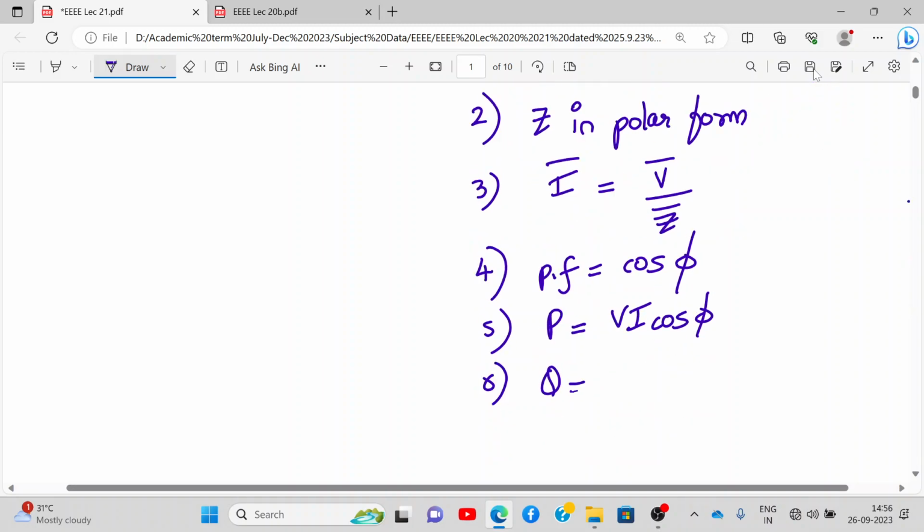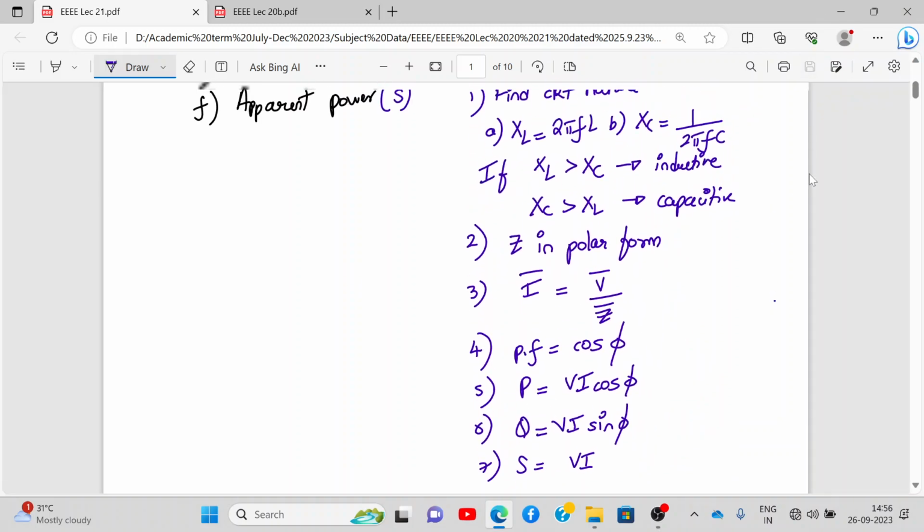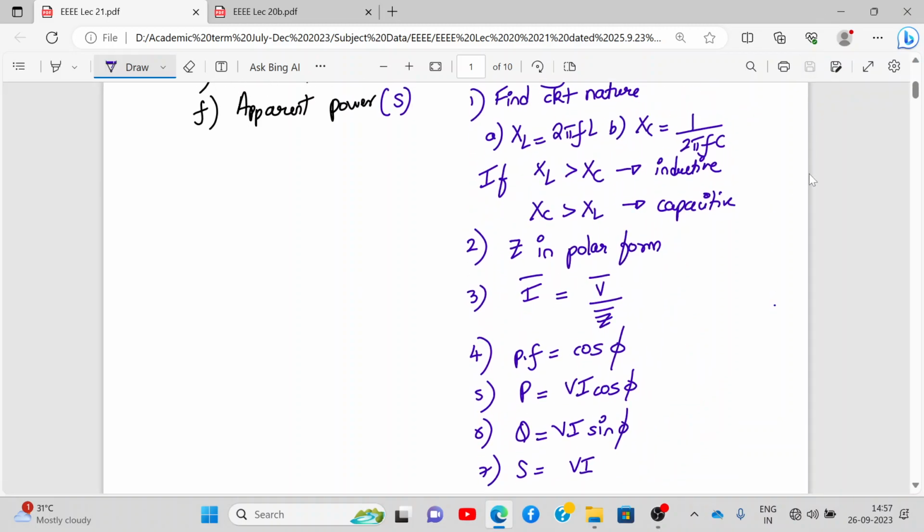Then calculate Q, which is VI sin phi. And calculate S, which is V into I. This is the strategy. This is the thinking process. This is what we will do.